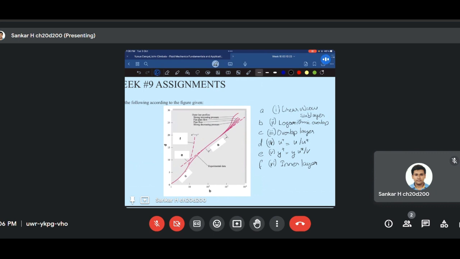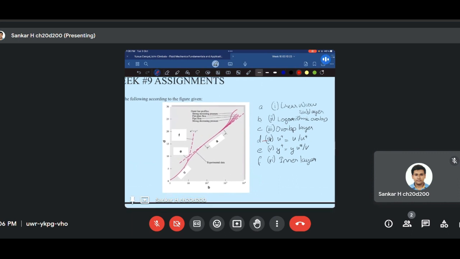So let's mark that right now as D is U plus, and the option B is, I'll just write down the answers here on the left side. So this is D, this would be B. Y plus is on the x-axis, which is given by the letter B.